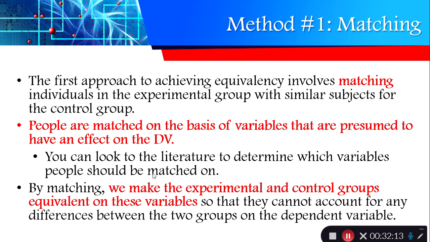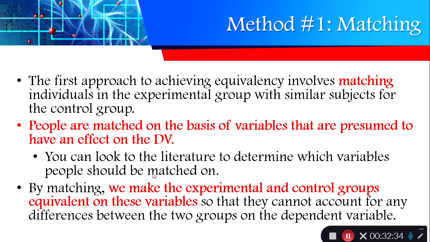So we can look at the literature and see what others have done in terms of what characteristics they have matched their participants on, and do the best that we can to match our participants on as many variables as possible. And typically we match them on their demographic characteristics specifically.